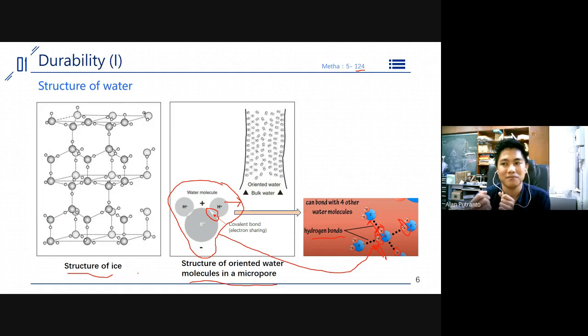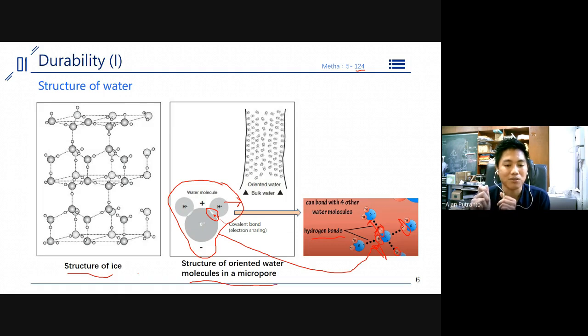Something like that. If you get my point, that will be on Mehta page 125. There's a key point there that describes not damage actually, but just water.